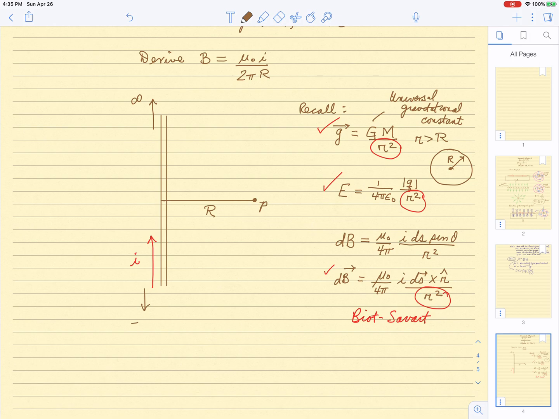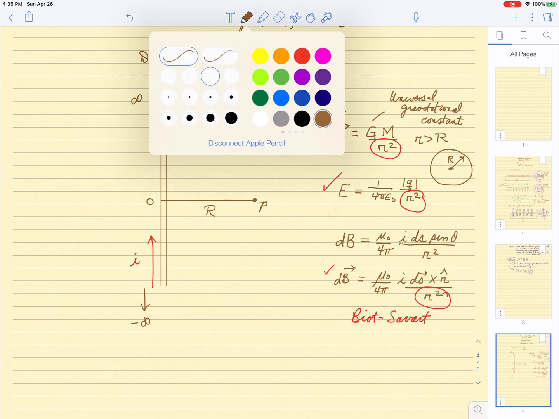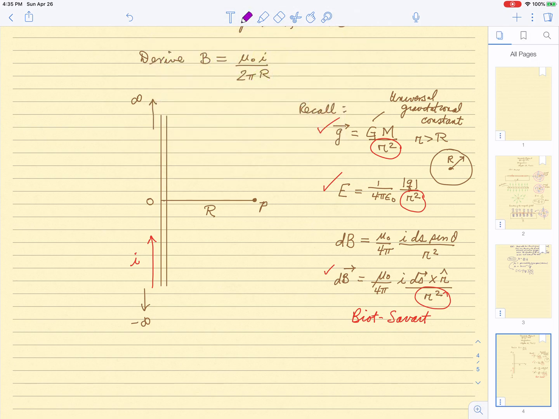It goes from negative infinity to positive infinity. Again, we build our coordinate system so that this is the origin. And so we have an infinitesimal chunk of current here. We're going to call this ds.